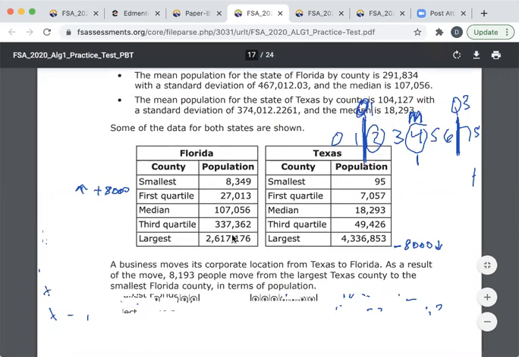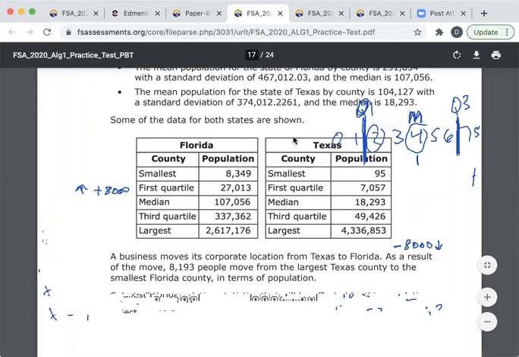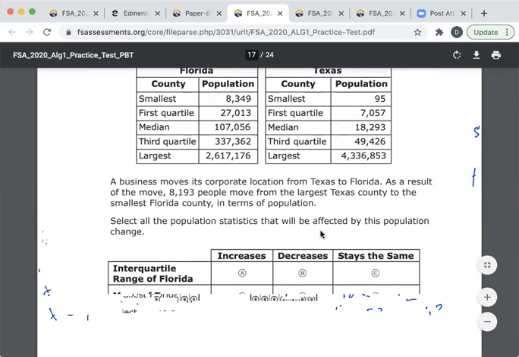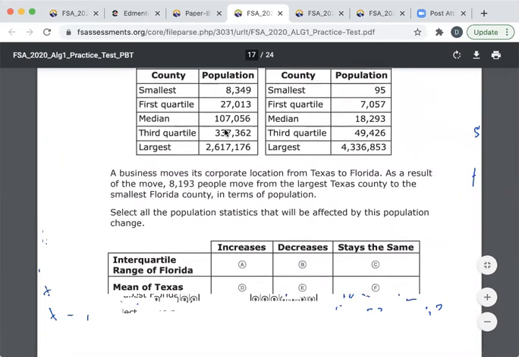All right, so I got to scroll down. Let me clear the drawings and scroll down. Okay, so we have the interquartile range of Florida. We want to know if that's going to increase, decrease, or stay the same.